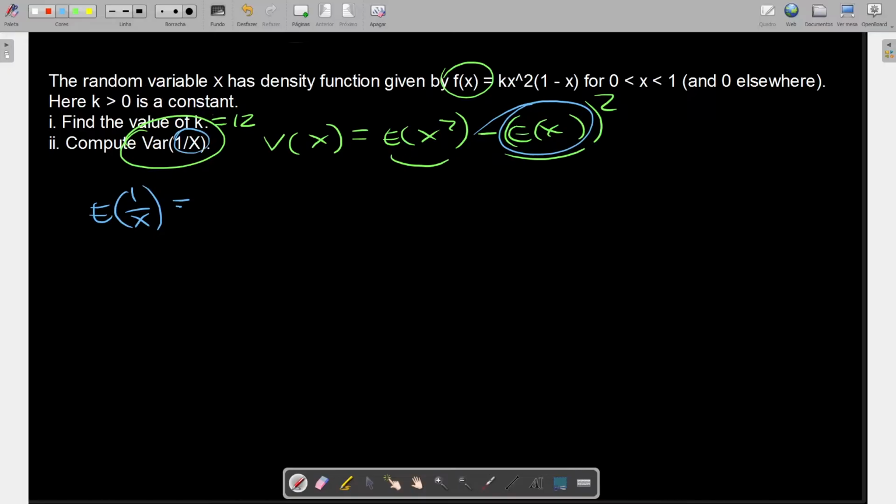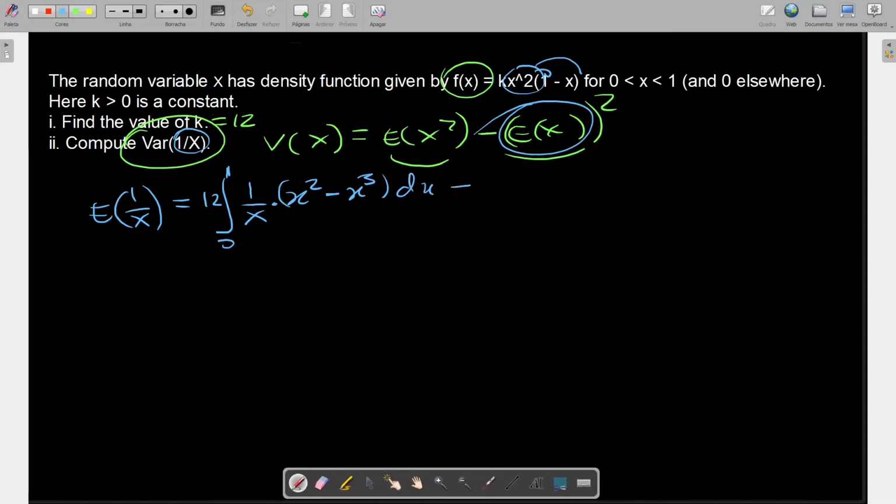Let's find this one. We're going to plug this one inside times the function. So we have 12 outside, from 0 to 1, and the expression is x squared minus x to the third power, because all we did was multiply and distribute these two terms, all that dx.